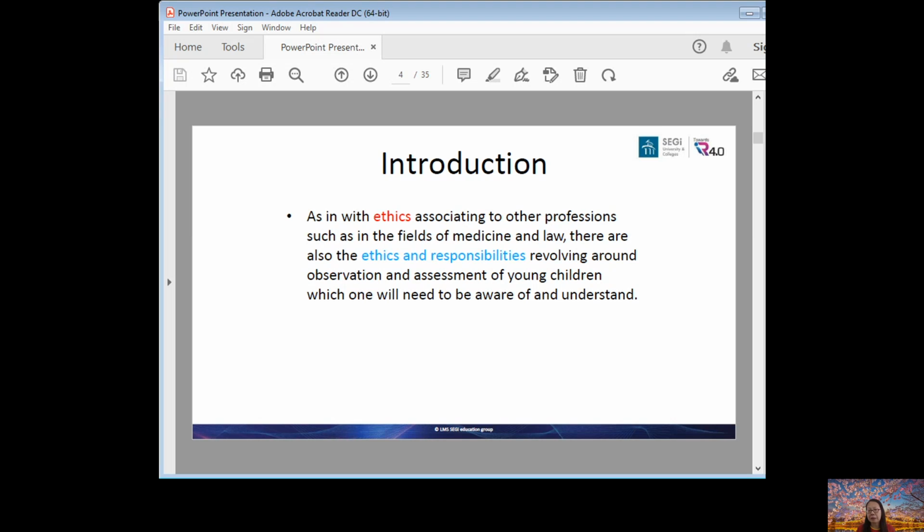Likewise, when you observe a child, there are ethical responsibilities that you should know as an observer. We as observers are to follow the rules and expectations or the policies given, respect them, and not overlook them.